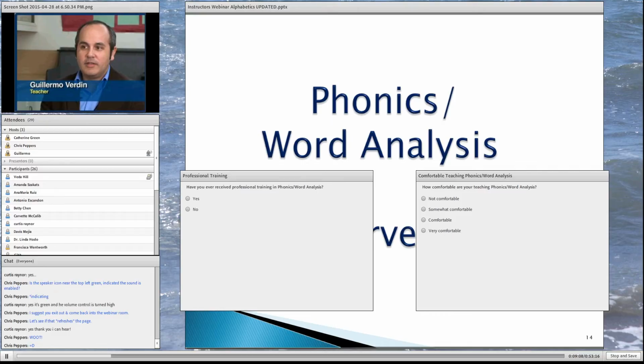And on the right-hand side, a second survey, how comfortable are you teaching phonics and word analysis? So please take a second to answer each of the surveys. The first one with the yes or no, and the second one, how comfortable are you? I'll give you a couple more seconds. This is going to give me a good idea of the extent of your experience with phonics and word analysis.